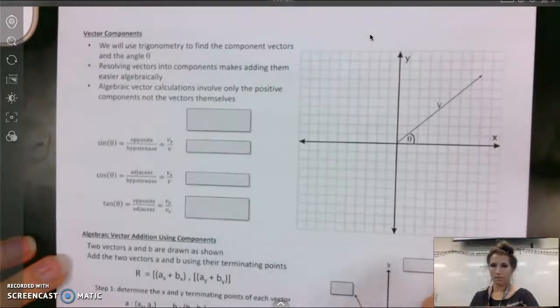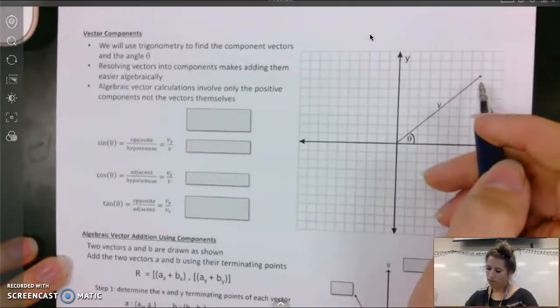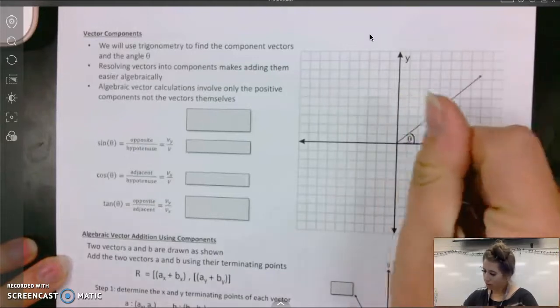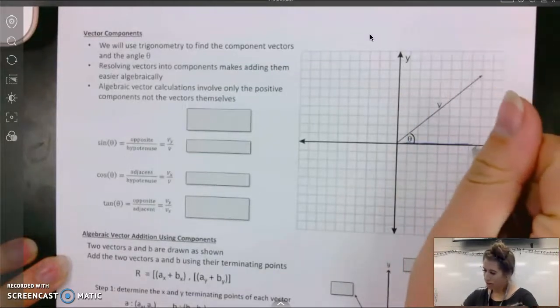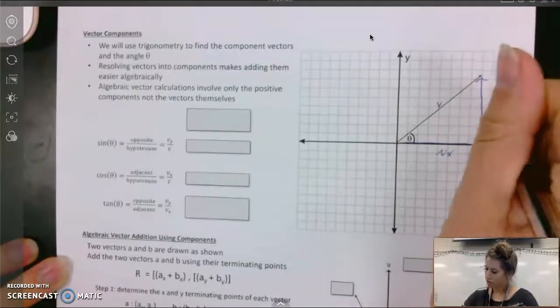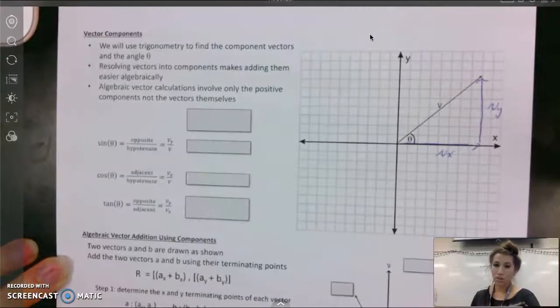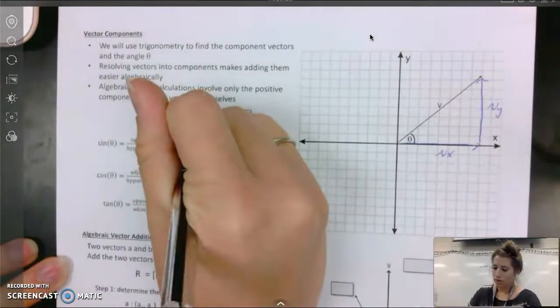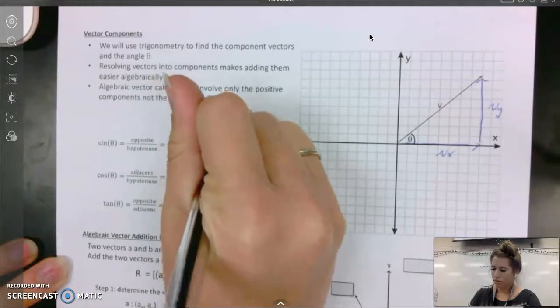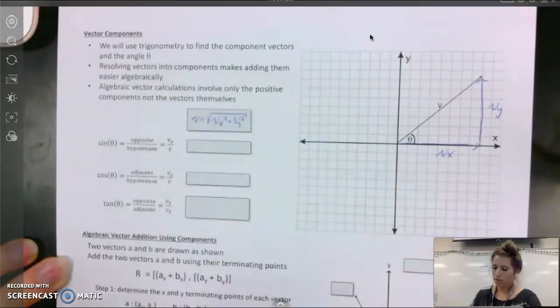Okay, so if we have v here, and we know we can break that into v sub x and v sub y. Okay. We can use Pythagorean theorem. We can say that v is equal to the square root of v sub x squared plus v sub y squared.